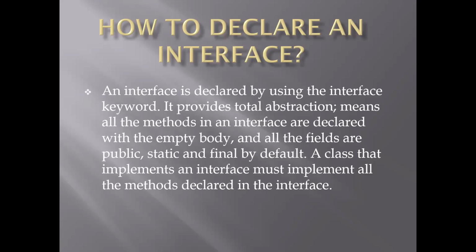Then what is the relation between a class and an interface? That's an important question. An interface should be implemented by a class. Like in an abstract class, we said there should be a parent class that has some children, and these children will give the implementation of the abstract methods inside the abstract class. Do you remember? Same in an interface.